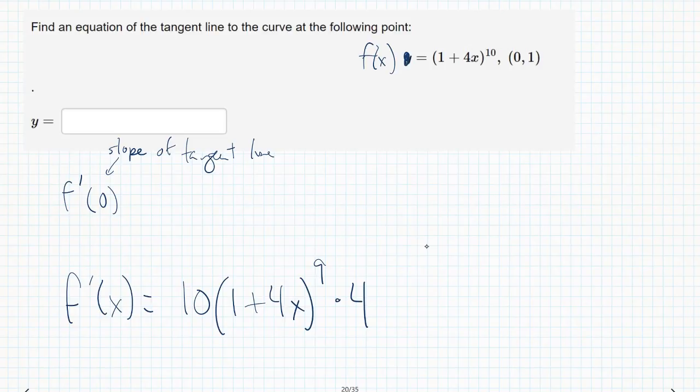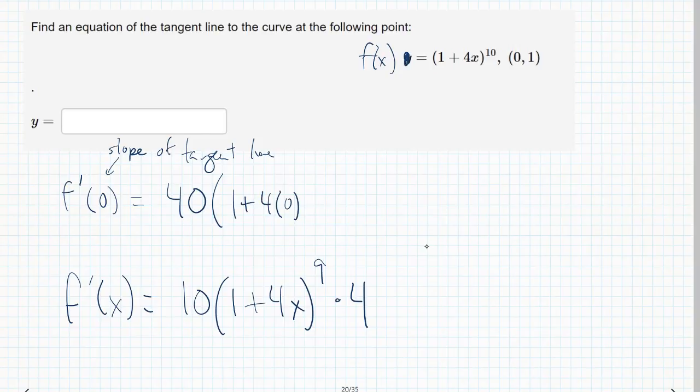Right? So now, what do we do? Well, f prime of 0 should be 4 times 10 makes 40, 40 times (1 plus 4 times 0) raised to the 9th, so that should be 1 to the 9th.